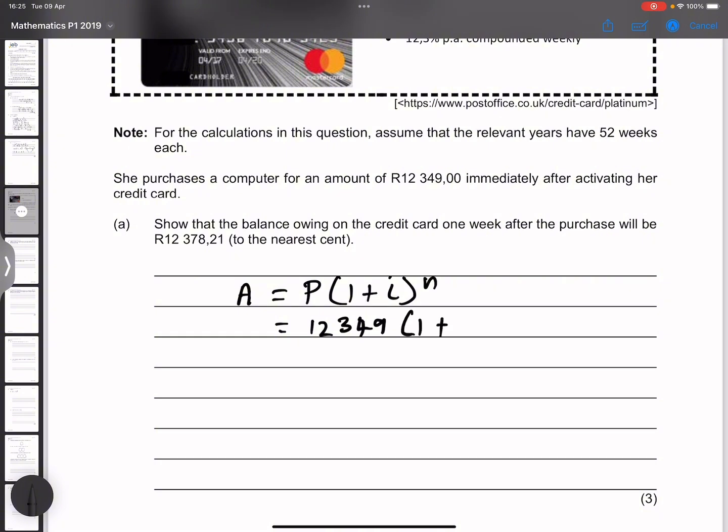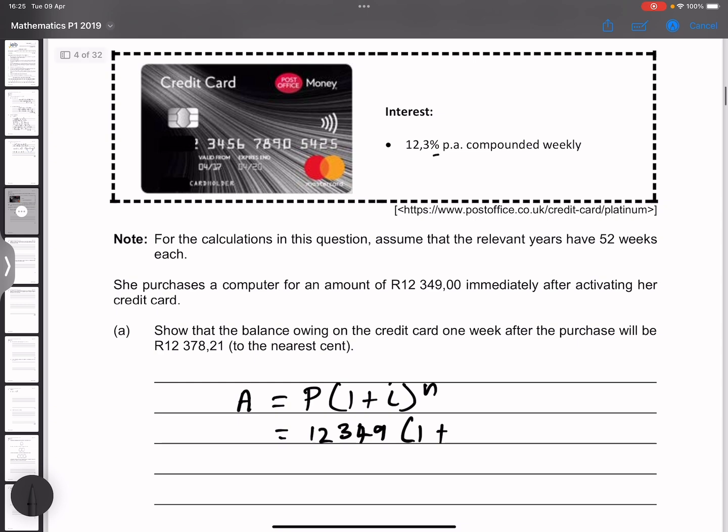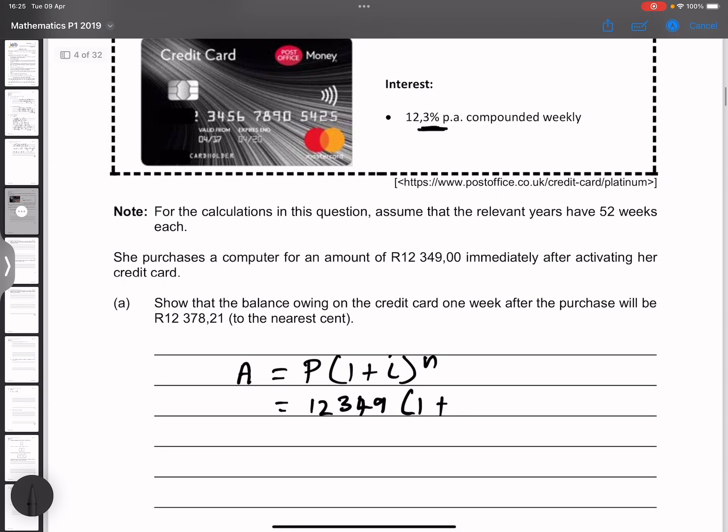Now note in this case that we are compounding an interest of 12.3%, so we need to divide that by 100. But this is on a weekly basis, that's 52 weeks. So what we're simply going to do is say 0.123. Now remember, this is 12.3 divided by 100 divided by 52.